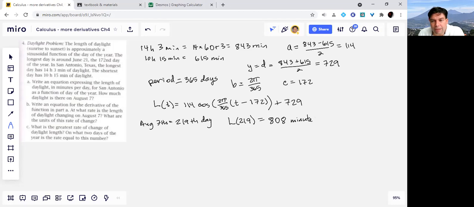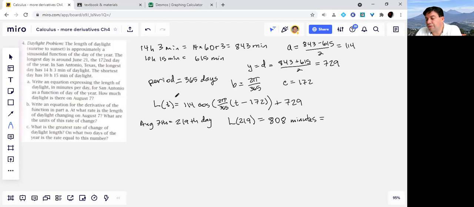Now, if I want to pass that to hours, I would have to divide by 60. Yeah, 13 hours.